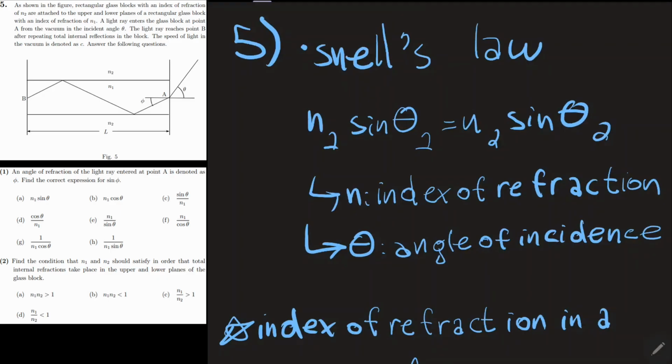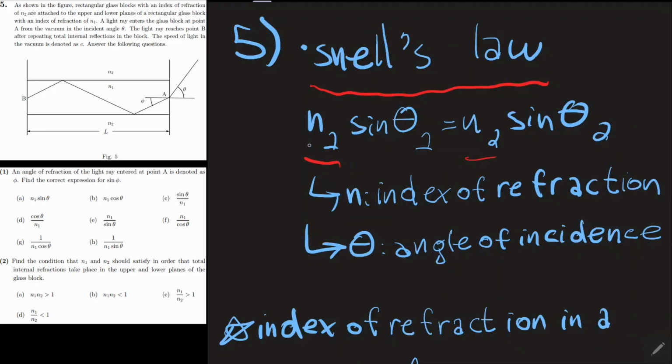First thing you need to know is Snell's law, at least I think it's called that. I might have gotten it wrong, but hopefully you still recognize it. So this law is used to determine the angles of incidence for when light refracts between two mediums with different indexes of refraction. So here, n1 and n2 are the index of refractions of the mediums.